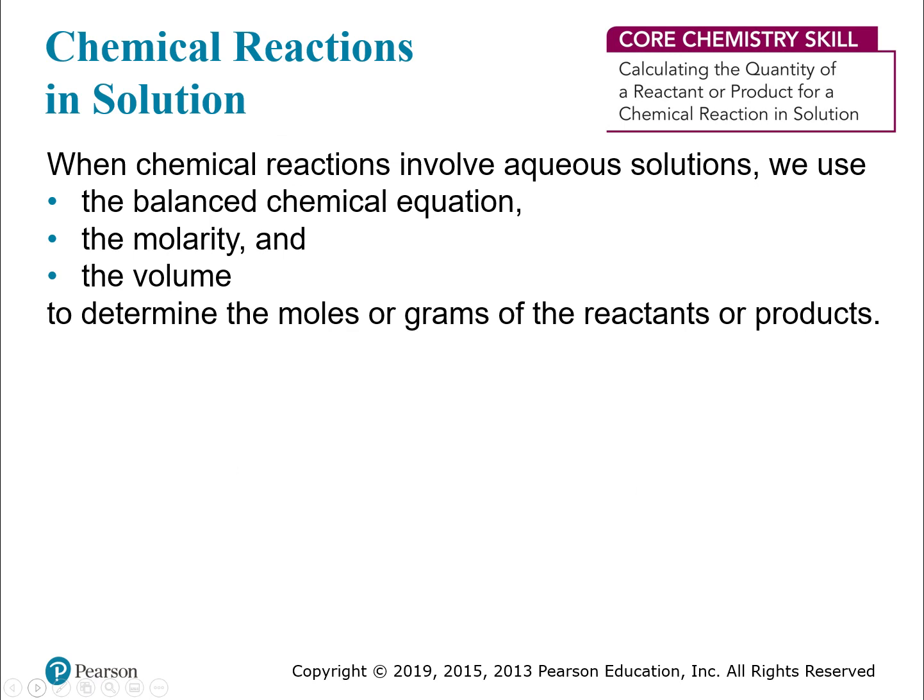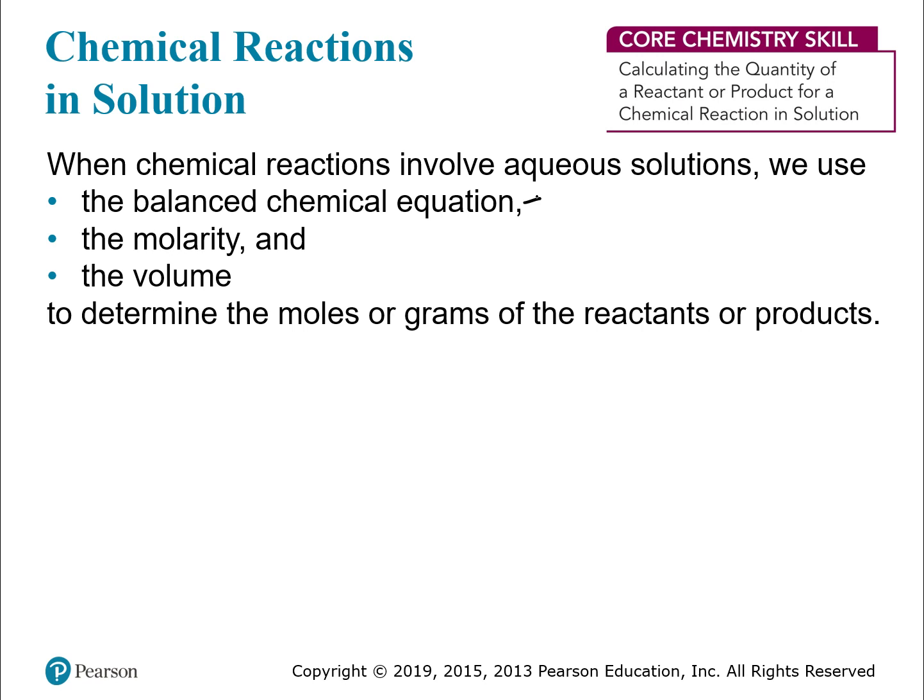Now we're going to talk about chemical reactions. When you have a chemical reaction that involves an aqueous solution, you need a few things to do calculations to determine the moles or the grams of a reactant or product. First thing is you need a balanced chemical equation. And we should remember that from chapter 7, because that's where we can get our mole-mole factors.